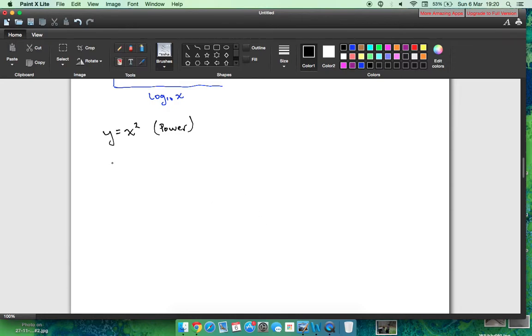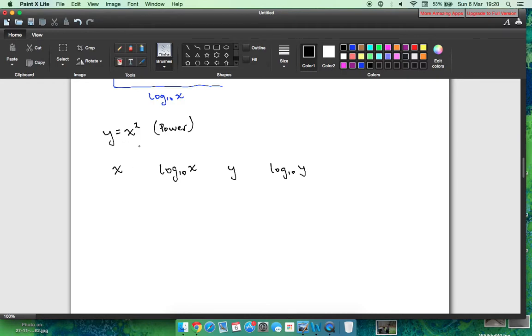I'm going to construct a table of values, but in this case I need to add an additional column. So I'm going to have x, log 10x, y, and log 10y. So first of all, let's go and do our original x, y values.